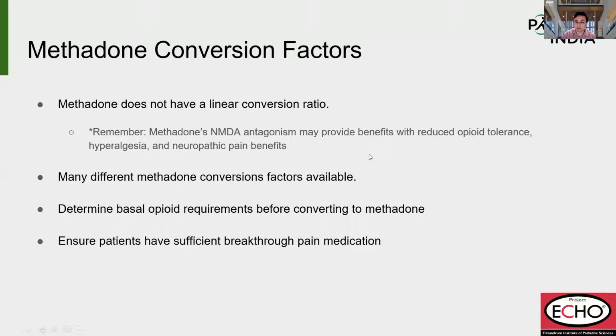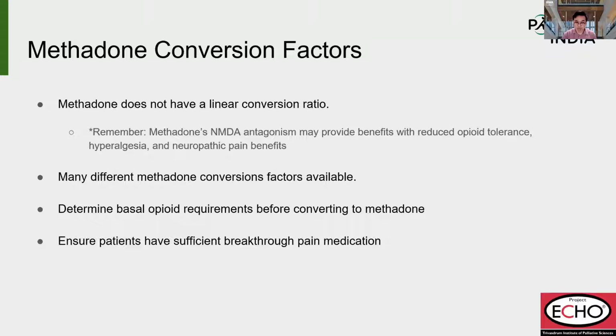So now getting into the meat of the topic, which is doing methadone conversions. We always want to remember that methadone does not have a linear conversion ratio. If we touch back onto our last session, we talked about the benefits of methadone, right?